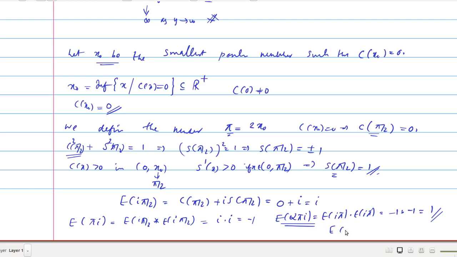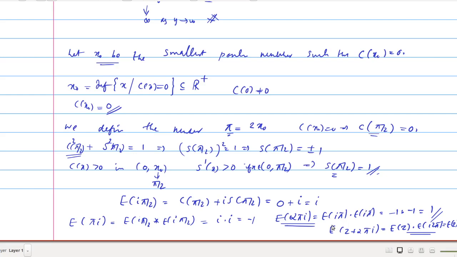Therefore e of z plus 2 pi i is always e of z into e of 2 pi i, that is equal to 1 times e of z. Therefore this is same as e of z, which shows that e is a function with period 2 pi i. So this is a periodic function, and capital E is periodic with period 2 pi i for every complex number z.